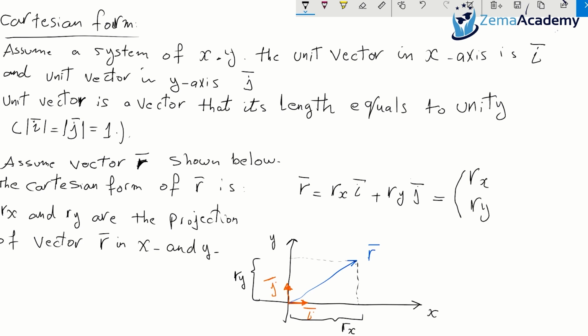You will find it in a lot of textbooks. So this is column vector notation.